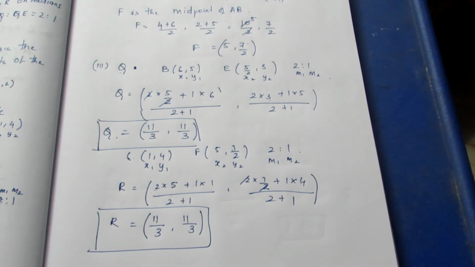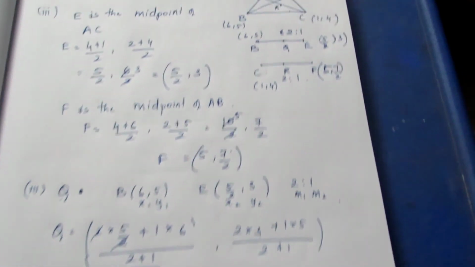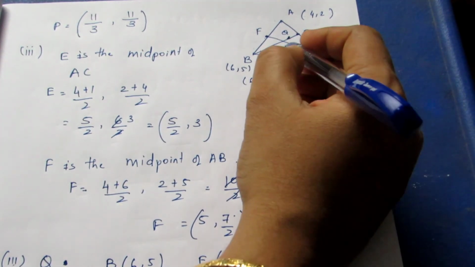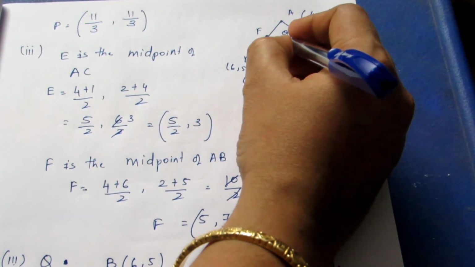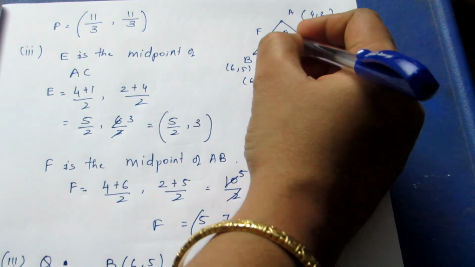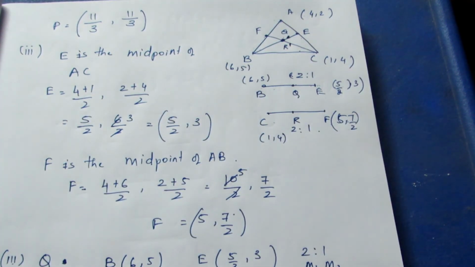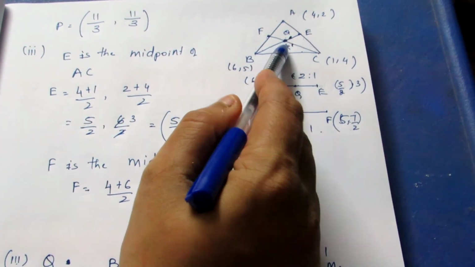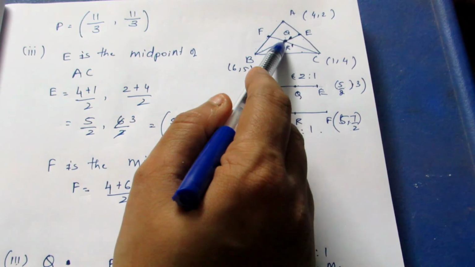What do you find? The points Q and R are equal. Here we have found the point Q to be 11 by 3, 11 by 3 and R to be 11 by 3, 11 by 3, which means they lie on the same point. Q and R lie on the same point. Then this is the centroid, because Q and R meet at the same point, as they have the same value.